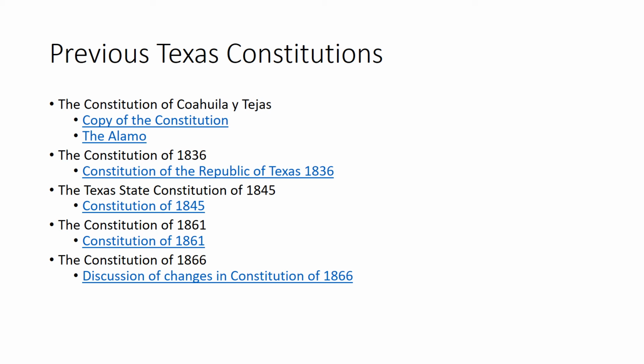The Constitution of 1866 granted freedmen rights to their persons and property. It gave them the right to sue, be sued, and contract with others. But they were denied suffrage and the right to hold public office.